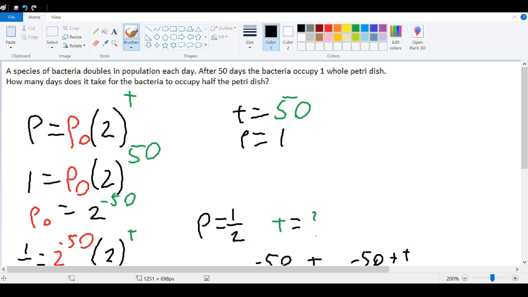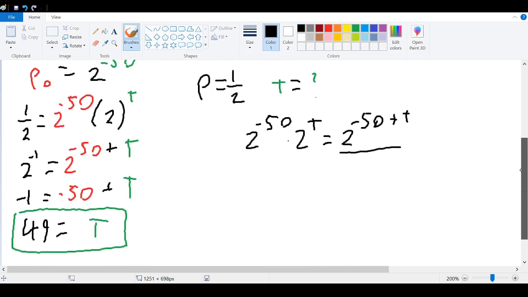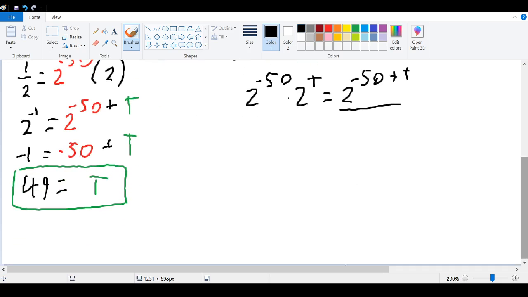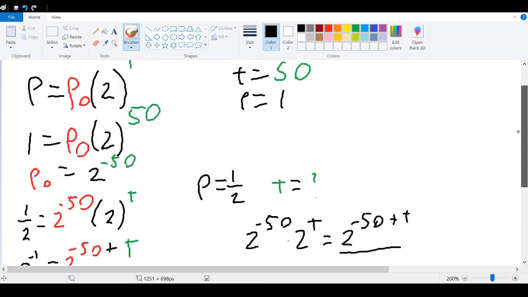That means when the bacteria occupies half the petri dish, it must be the day before it occupies the whole petri dish, because in that one day it doubled from half to a whole. And that means it must be the day before 50 days. So it must be 49. And so our answer, when we went through all the math, makes sense.